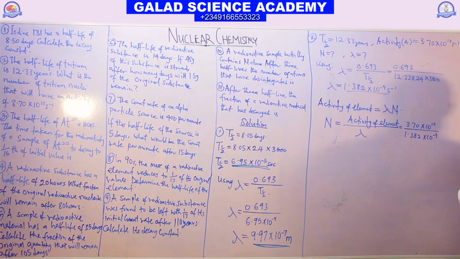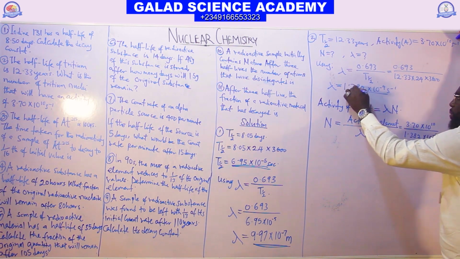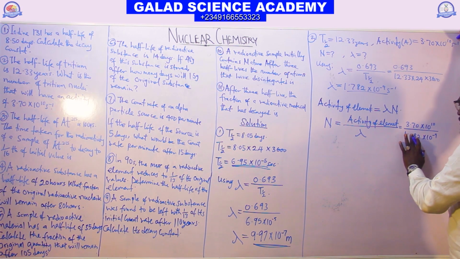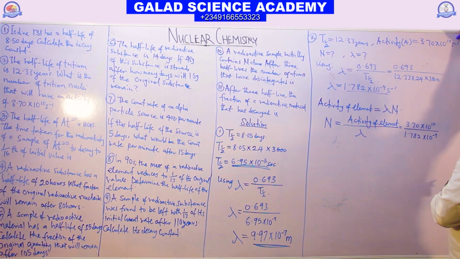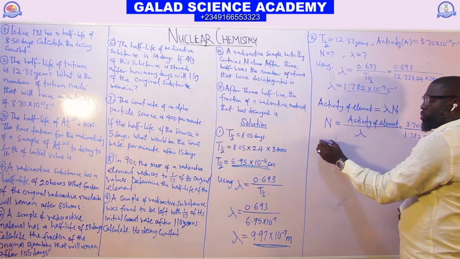If you press the calculator very well, our N will be 2.68 times 10 raised to the power 19 nuclei. That is the answer for question number 2.